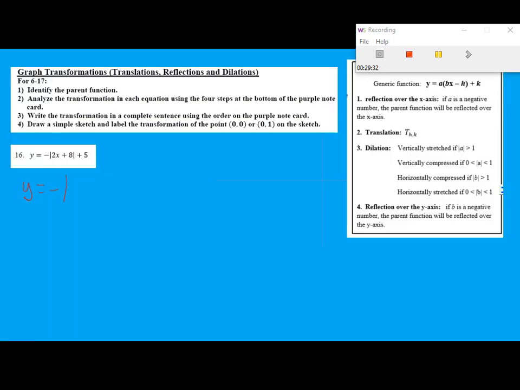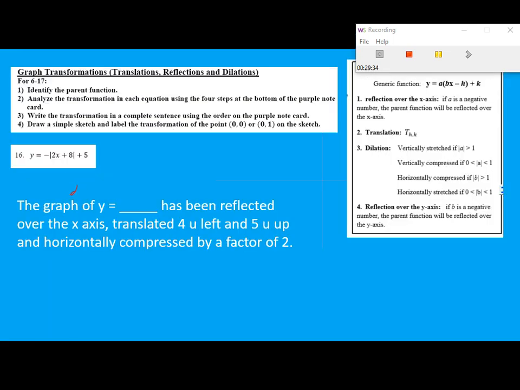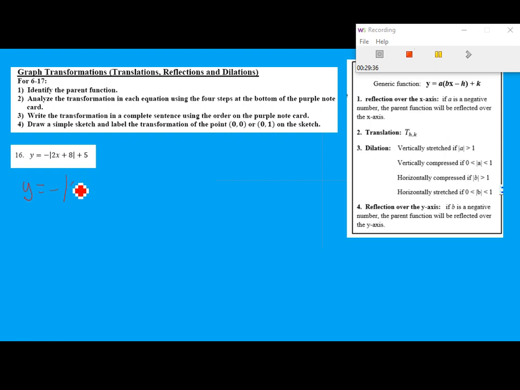So what I need to do is I need to factor out a 2 out of this. I'm going to factor out a 2, which leaves an x plus 4. And then I've got the plus 5. Notice that 2 times x is 2x, 2 times 4 is 8. But now, when we go to list these, it will look like this. I've got my 1, 2, 3, 4.